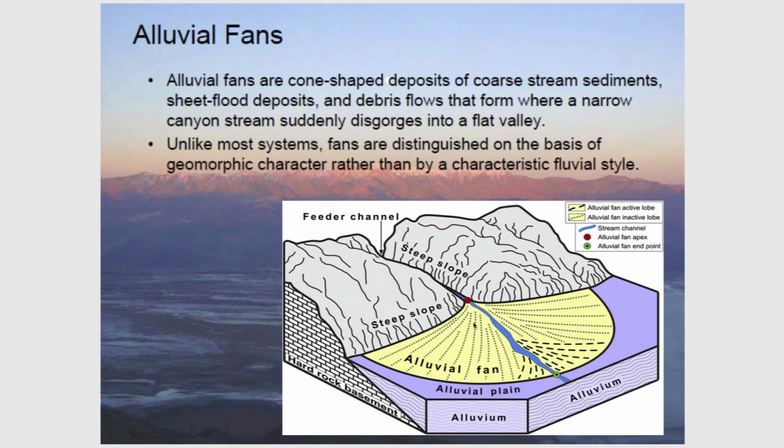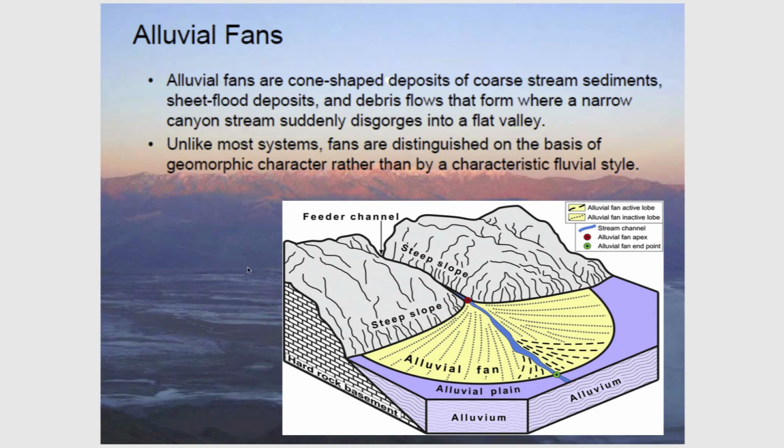Many times the other parts instead are less frequently influenced by these discharges of water. As a result, often you have development of vegetation and they get more stabilized, and so they are essentially inactive, or termed inactive lobes.